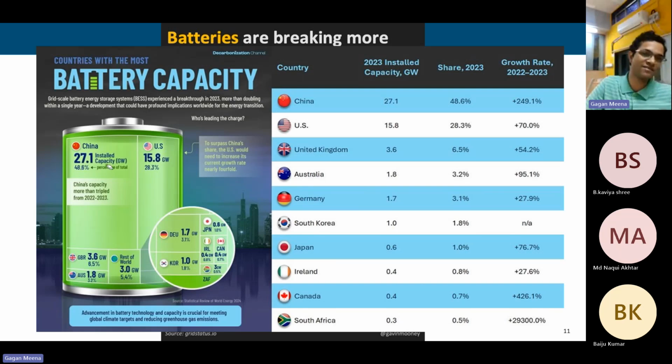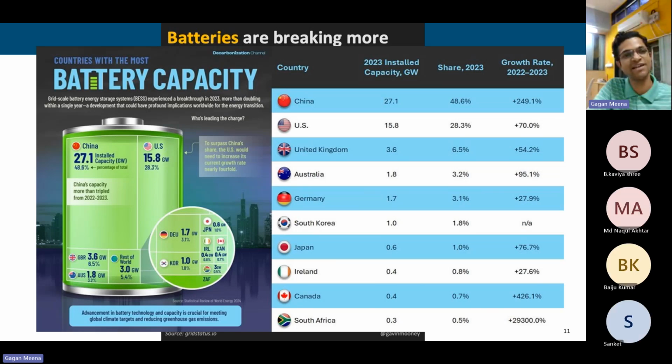And in battery, as we saw last week, China dominated in solar and in the renewable energy sector, and here also in storage, because China has a very high renewable penetration. So energy storage would be required. They have pumped hydro also and battery storage. We see 27.1 gigawatt of energy storage. It can quickly ramp.